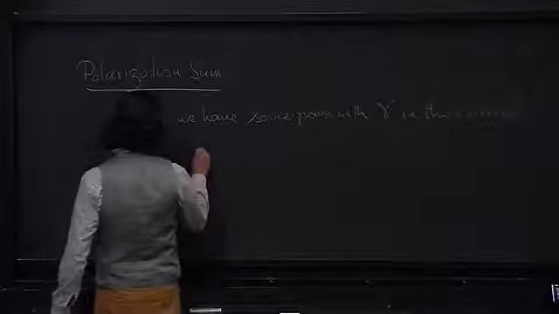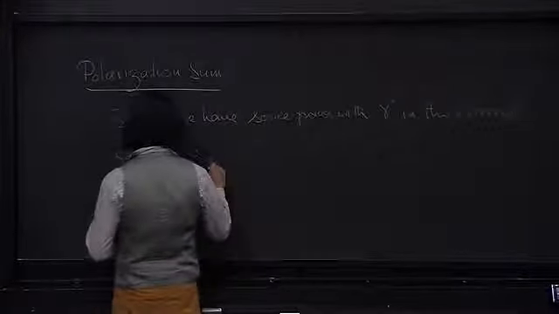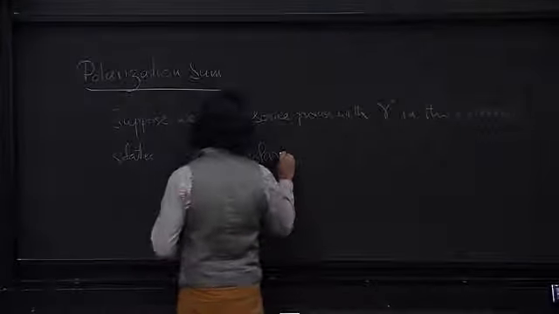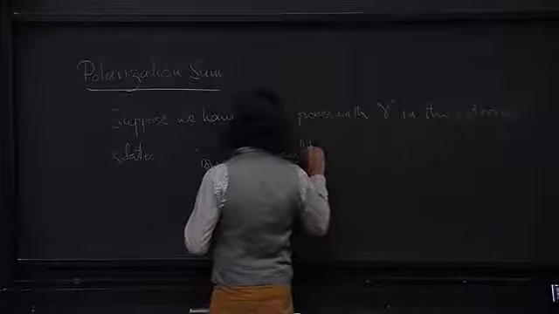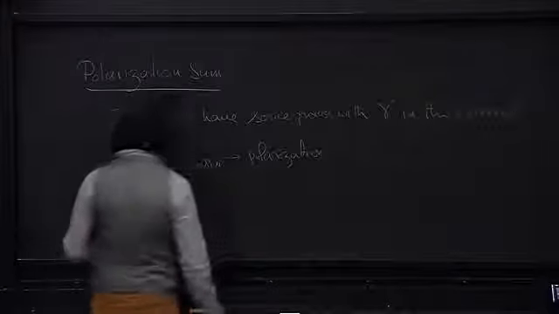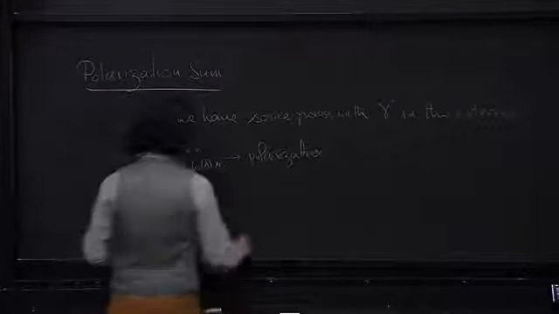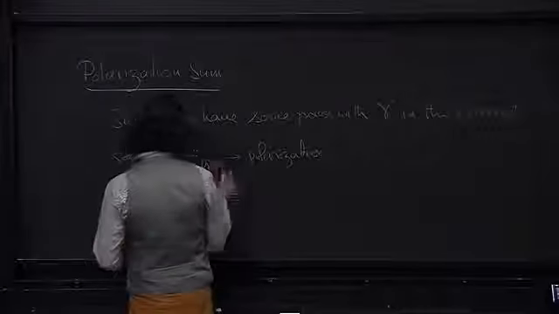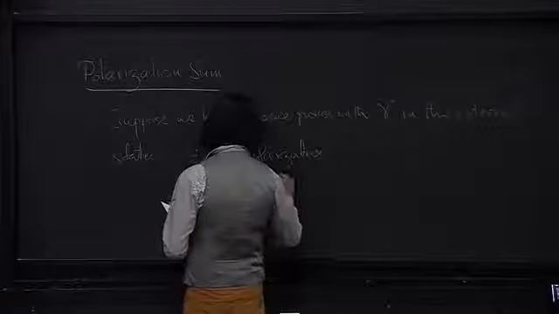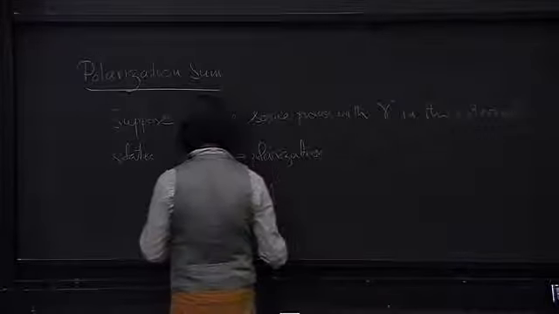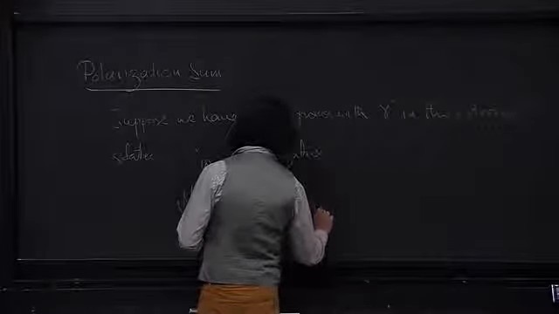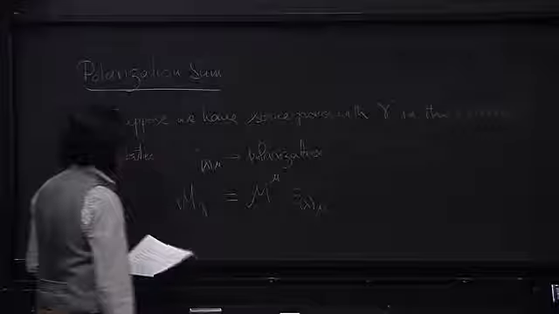So suppose the photon polarization is epsilon lambda mu. This is the polarization. Then we can label that amplitude by M of lambda, and we can factor out the polarization part of it. So M mu, we are factoring out the polarization part in this way.